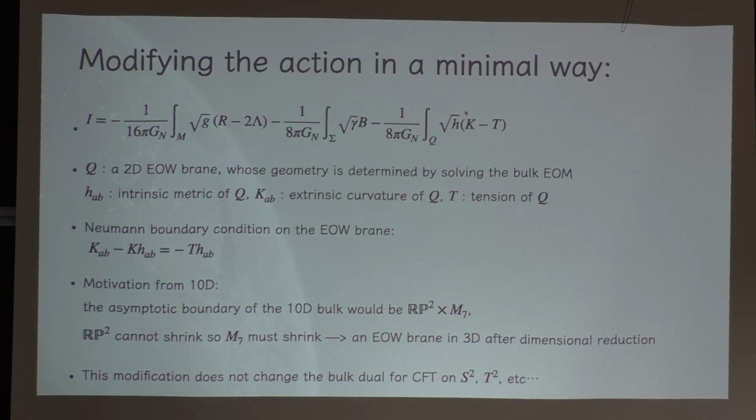We have already explained that RP2 cannot shrink in the bulk because of cobordism. So it must be the 7-dimensional compact spacetime which shrinks in the bulk. And if you take that point of view, after doing the dimensional reduction, that would just be an end-of-the-world brane from the 3D point of view.